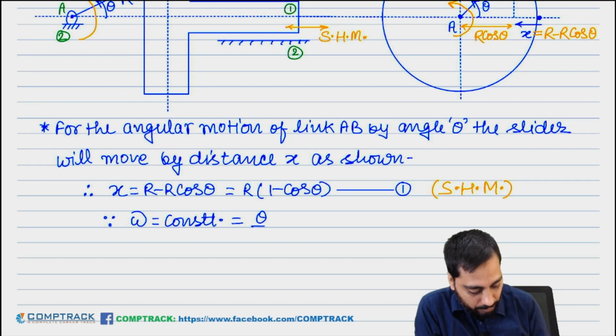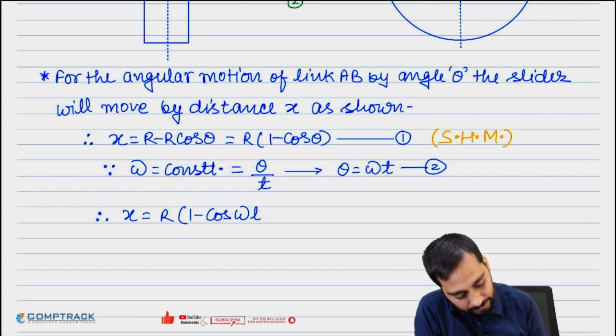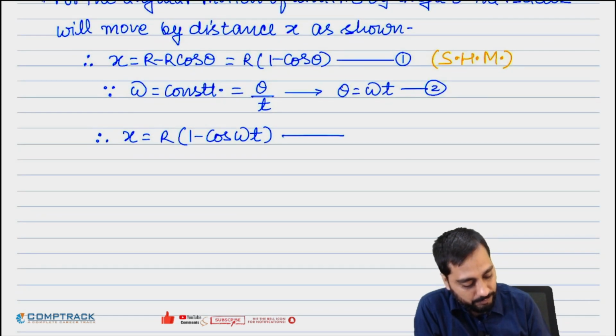It will be angle upon time simply. So in place of theta, you can write omega t. Yes or no? Very simple. So your x can be written as R into 1 minus cos omega t. So this will also be the equation of displacement.